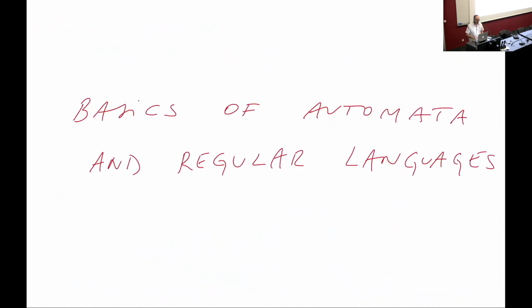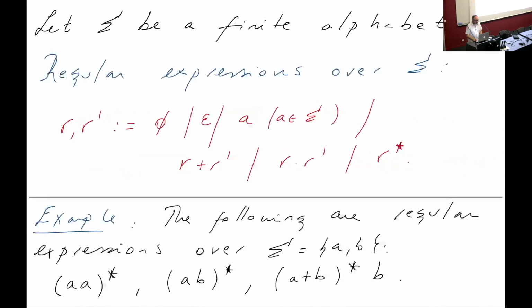All right, so regarding automata and regular languages, what will be important for us? We will be considering regular expressions over a given alphabet, sigma, and the set of regular expressions is defined by a grammar, which consists of the empty set and the empty word.